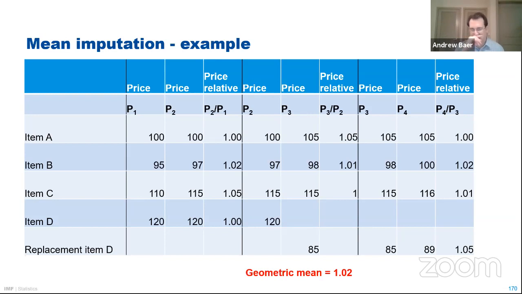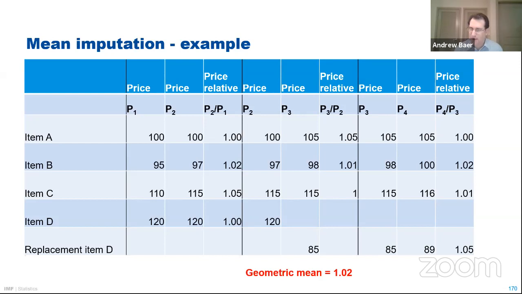So what I do here is I take the geometric mean of the items that had prices in both period 3 and period 2. That would be item A, item B, and item C. I use the geometric mean because I don't have item weights.